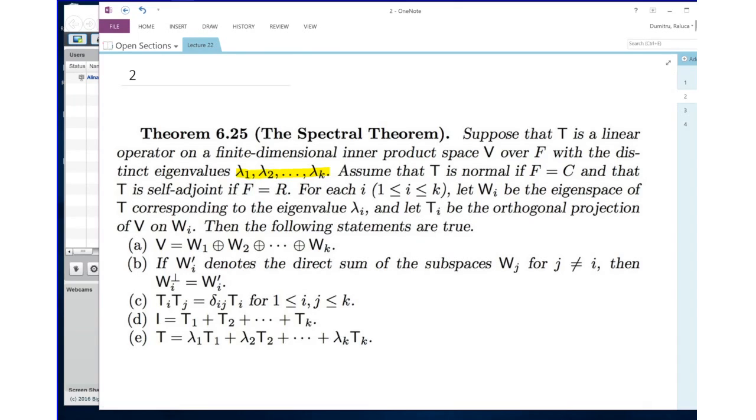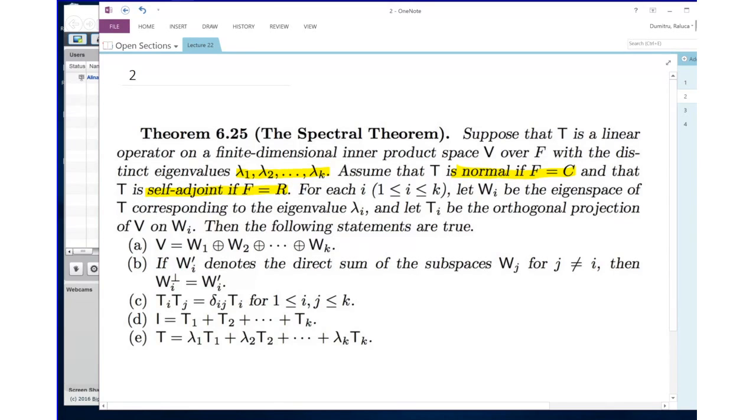If they have multiplicities, you just pick one of each. So those are the distinct ones, lambda 1 to lambda k. Now, T is normal if F is C, or T is self-adjoint if F is R.